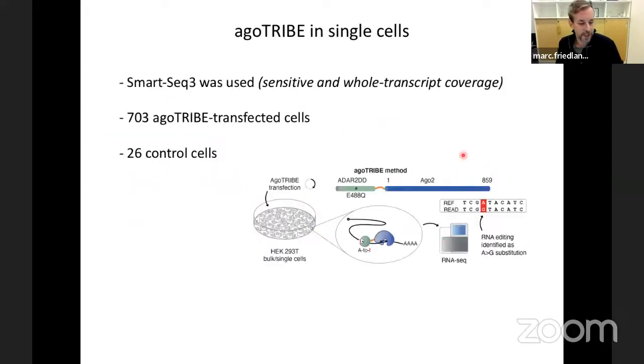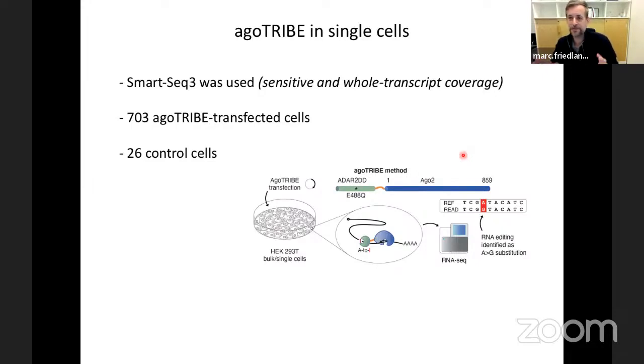Okay, so I promised at some point that I was going to talk also about single cells, and this is now the next part of the talk. So to profile editing in single cells, we decided to use Smart-seq3. And this is a method that doesn't have the same throughput as, say, 10x, for instance.